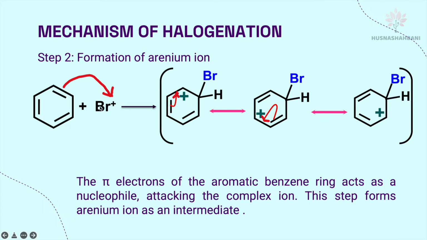When it forms a bond with Br, only one carbon forms a bond with Br. Another carbon becomes positively charged. So since this carbon is used to form a bond with Br, the carbon up here becomes positively charged. This is not stable, positively charged carbon.